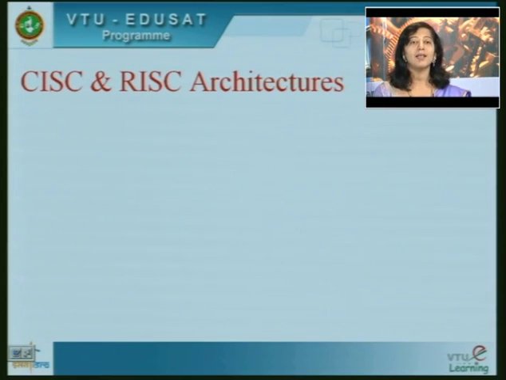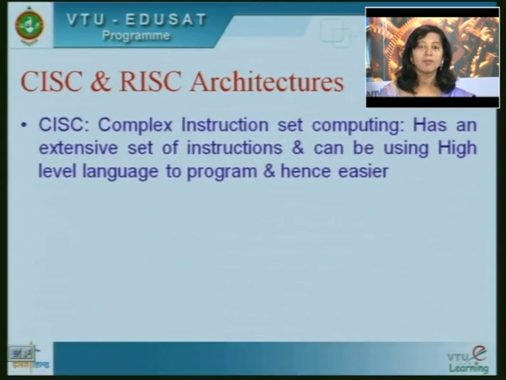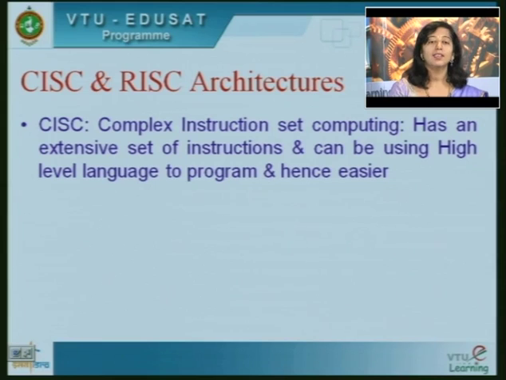Next, the second type of classification for architectures is based on the instruction set. Based on that, we have complex instruction set and reduced instruction set computing processors. CISC stands for complex instruction set computing. It has a very extensive set of instructions.